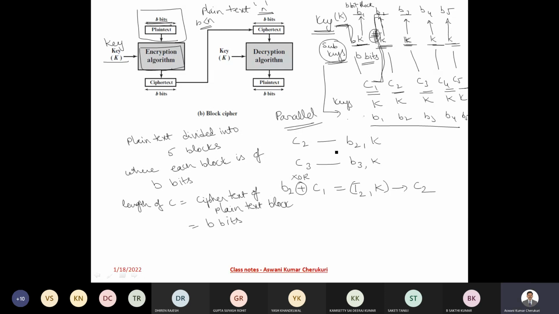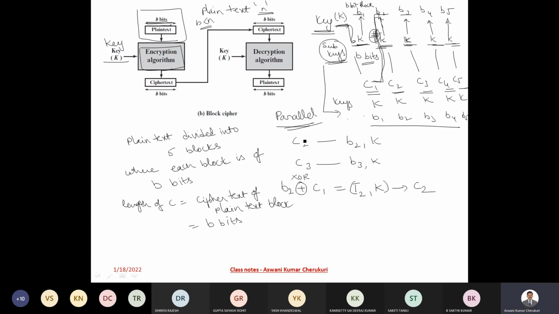Earlier we just took each block and performed the encryption: you take B2, apply the key, you get C2, take B3, apply the key, get C3. This is independent and hence you can do parallel processing.